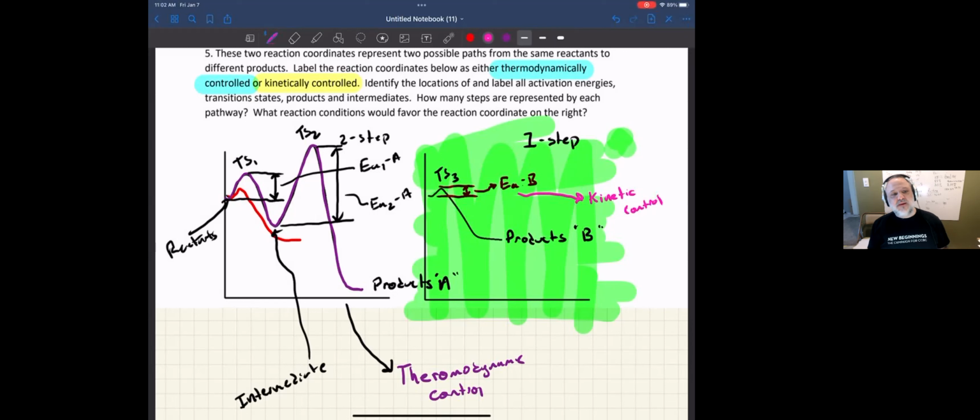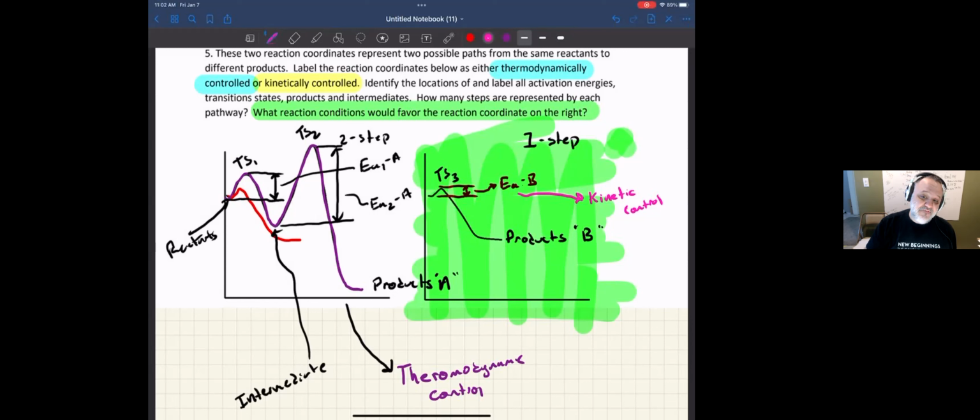Okay, so the question now becomes which conditions favor the coordinates on the right. How do we favor a reaction where the products are actually higher in energy?